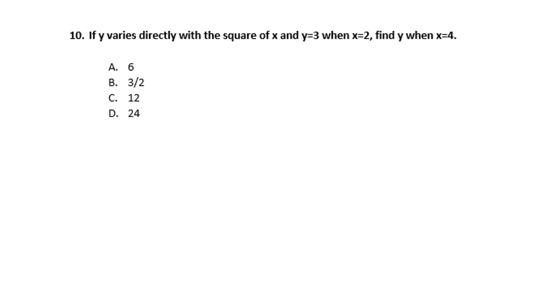Number 10, if y varies directly with the square of x and y equals 3 when x equals 2, find y when x equals 4. A is 6, B is 3/2, C is 12, D is 24.